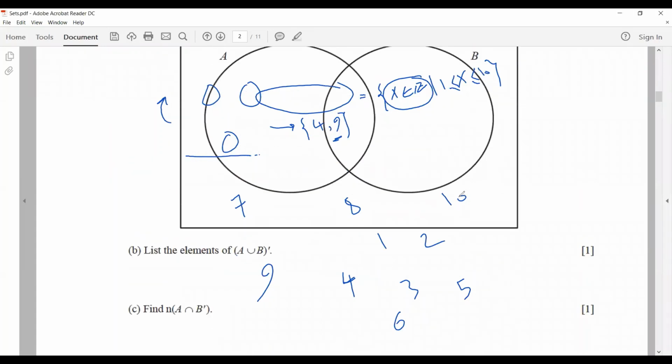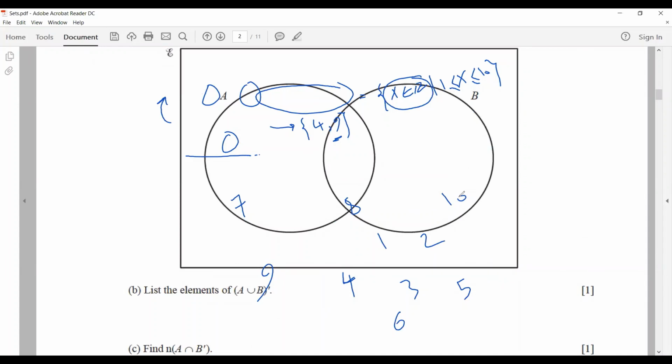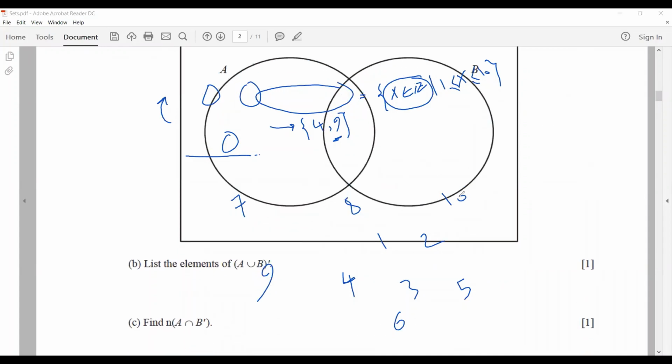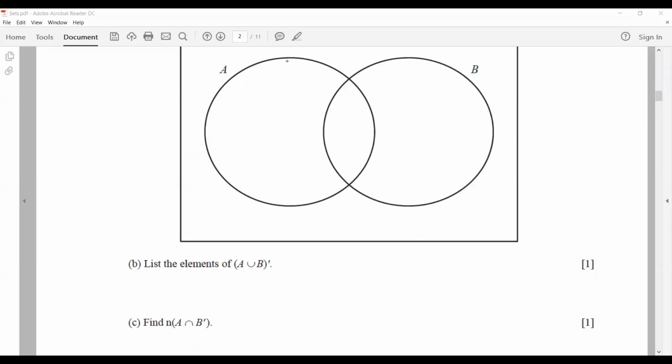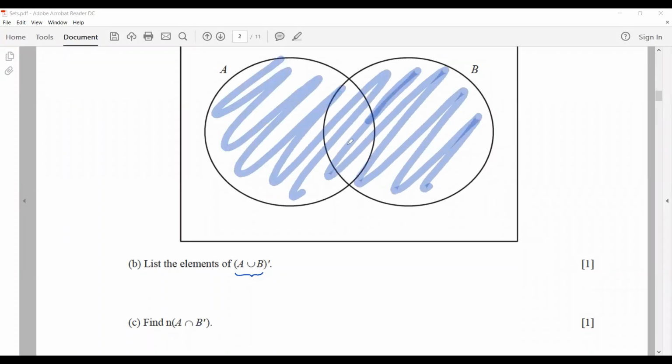List the elements of A union B. So let me erase here. A union B means everything in A and everything in B, basically this region, right? That's A union B. If you recall, I said you have to start with inside the bracket.